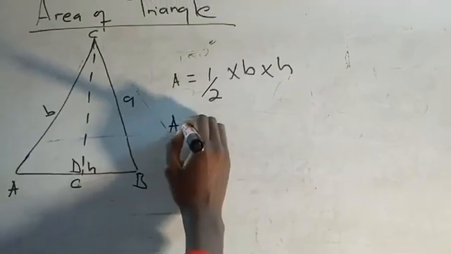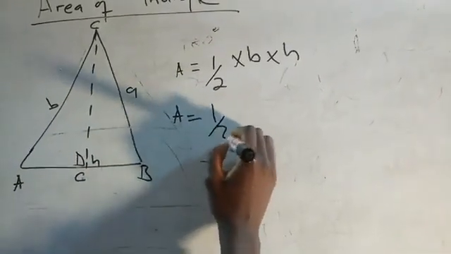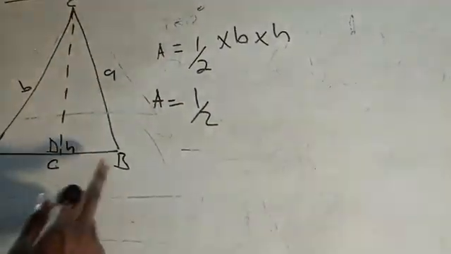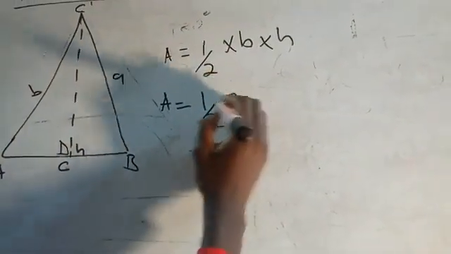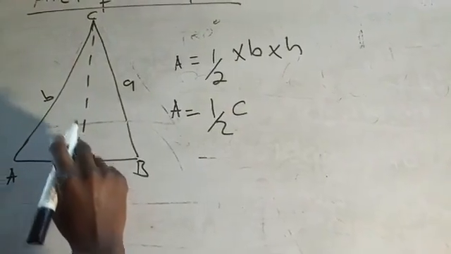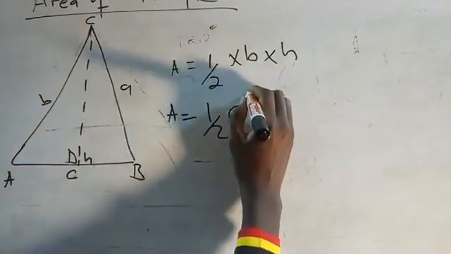So area equals a half times the base, which is c, times height, which is h.